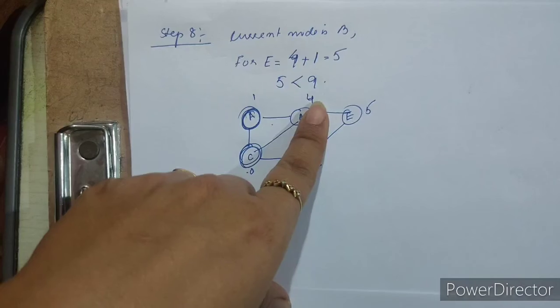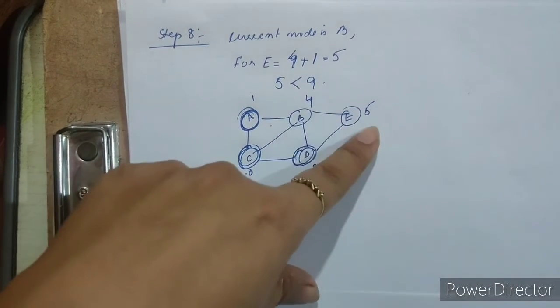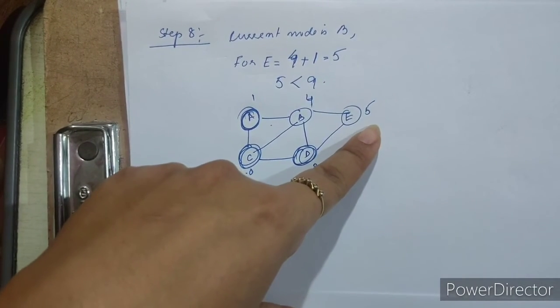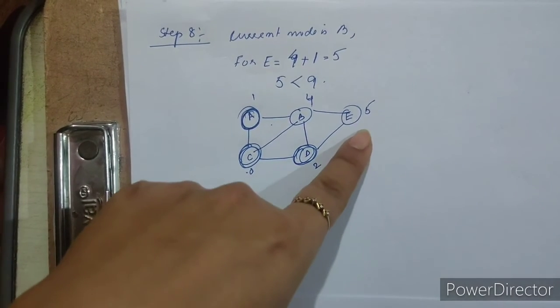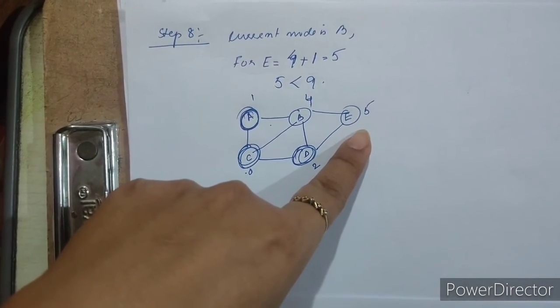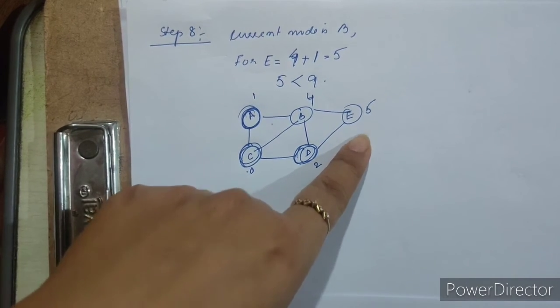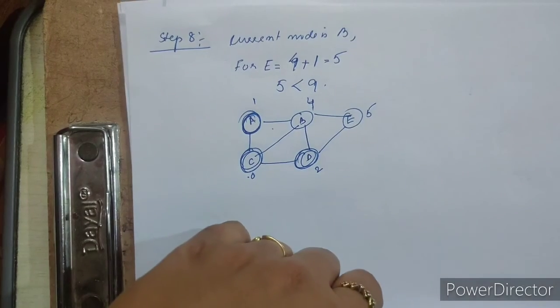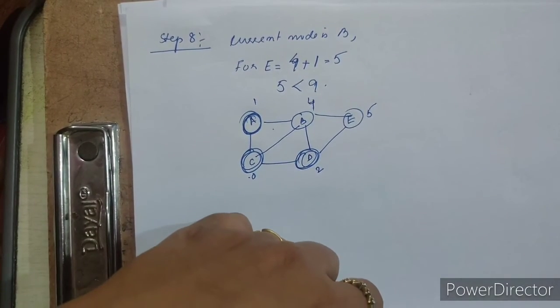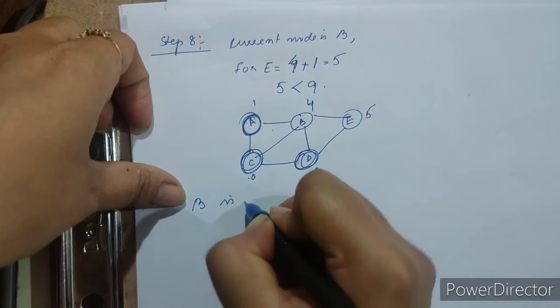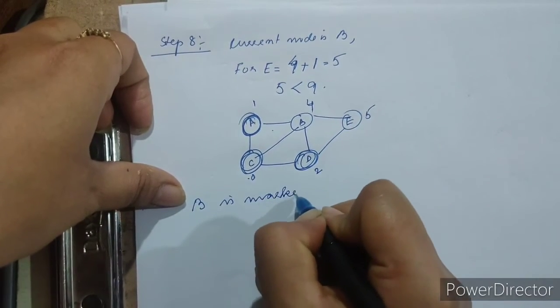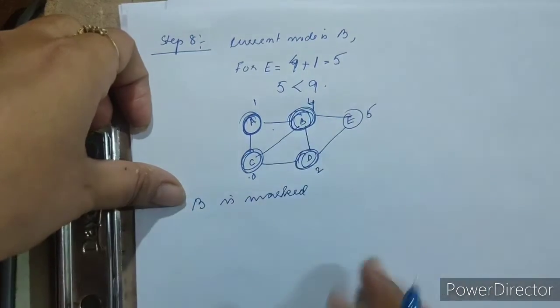We mark D as a visited node with the green one, and mark E as the current node. Now E is the current node. So now mark B as visited.